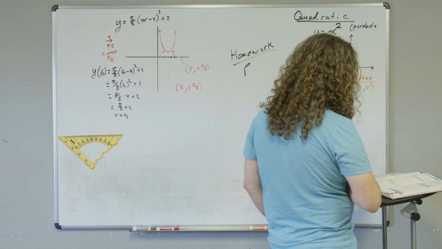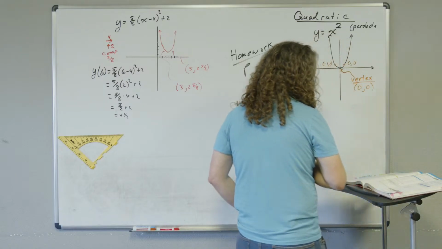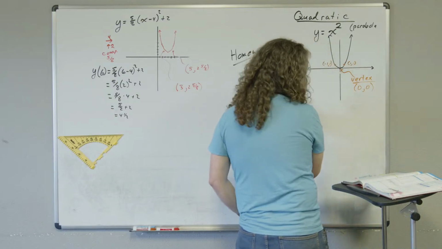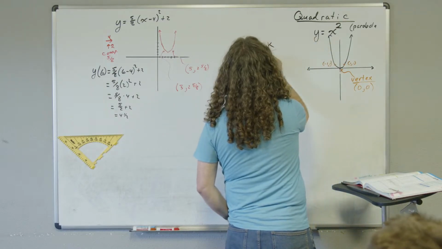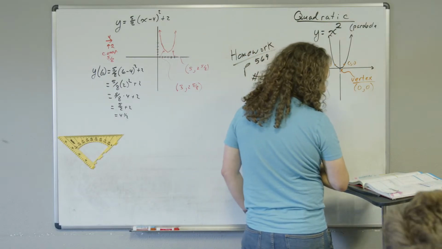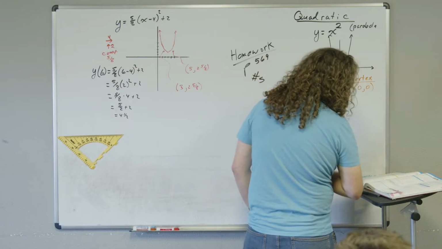Try 24 and 26. Don't just skip them. Don't look at them and be like, I'm dumb, I don't know anything, because it's false. Page 569, numbers 10 through 28 evens.